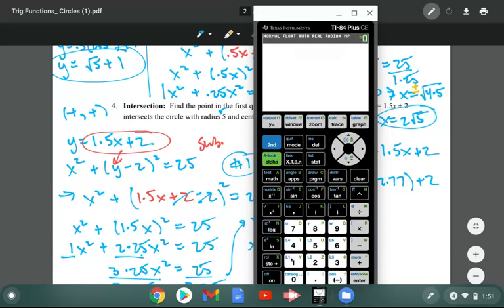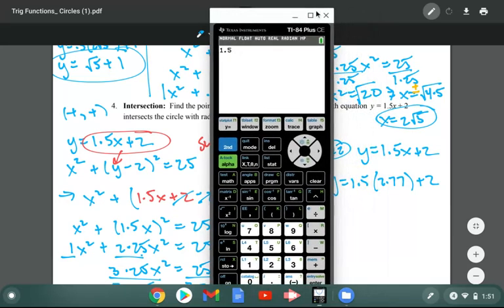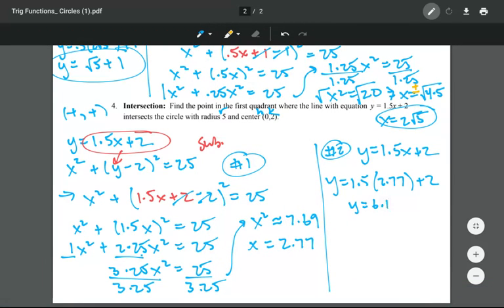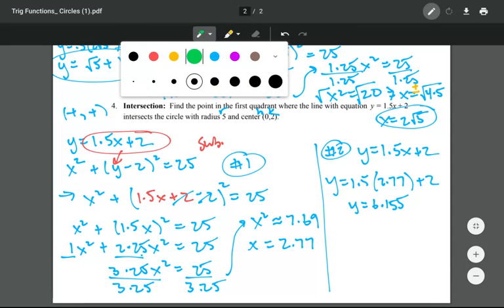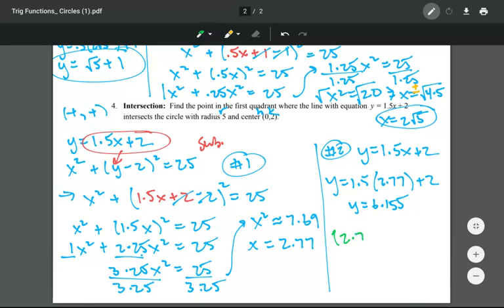And I'm going to go 1.5 times 2.77 plus 2. And then I'll hit enter. So y is equal to 6.155. So I've got my coordinates. These were not the nicest numbers, right? 2.77 comma 6.155. If I round that to 2 decimal places, we'll call that 6.16.